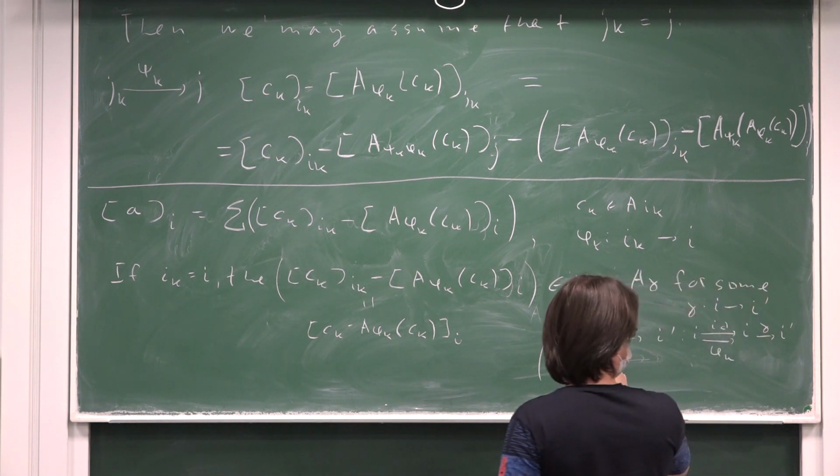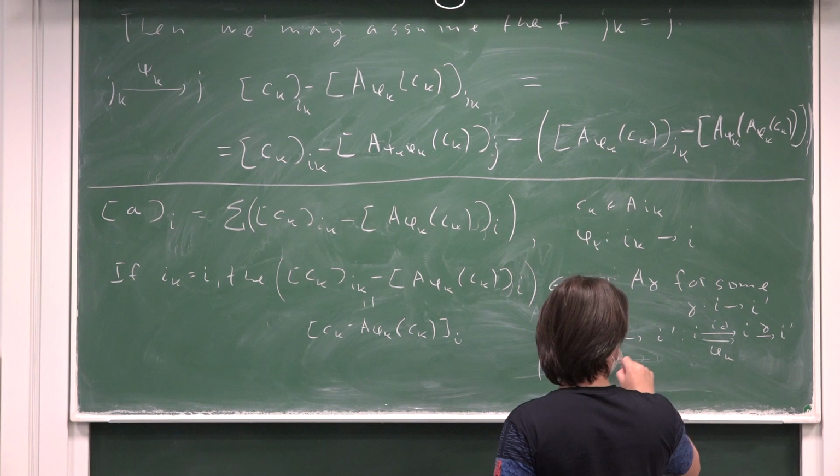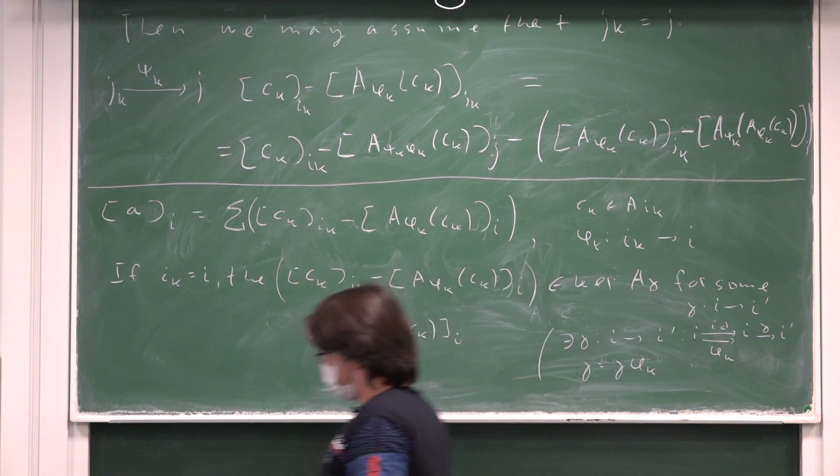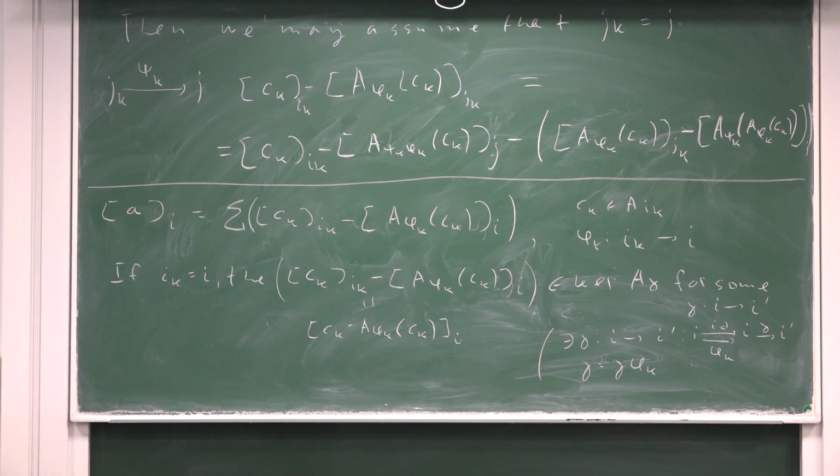So gamma equals gamma phi_k, and then it is what we need.